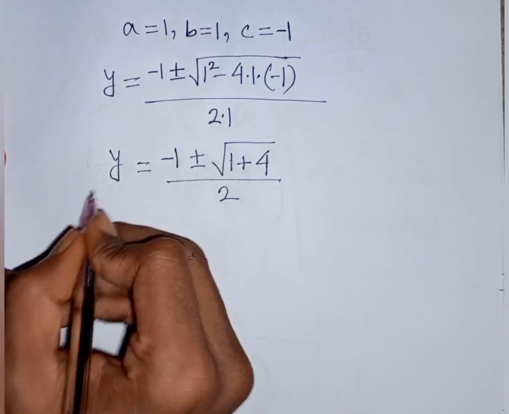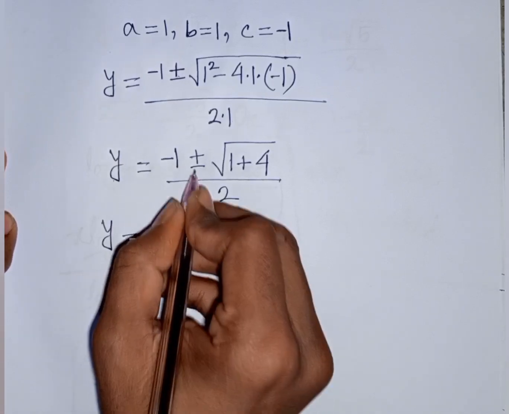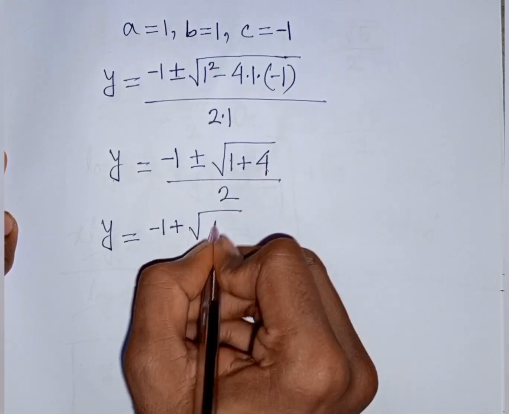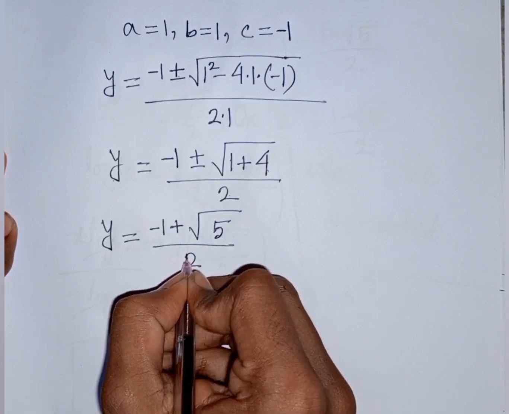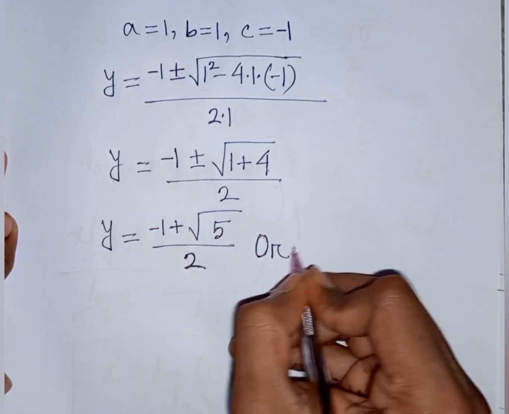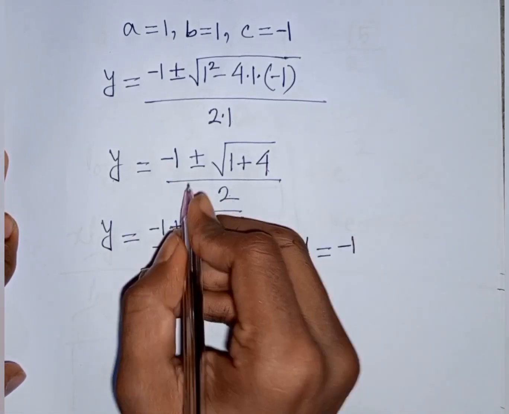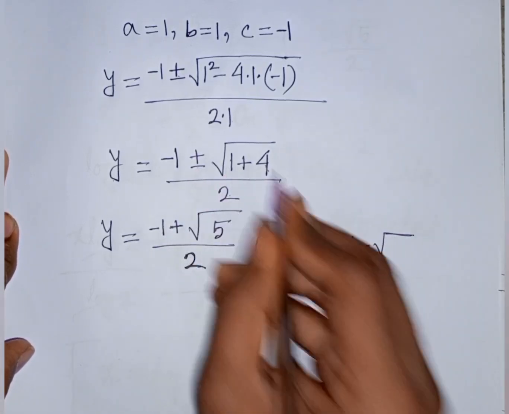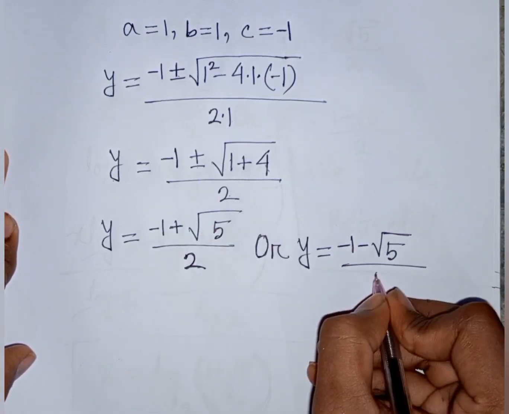Now we see two cases: y is equal to minus 1 plus square root of 1 plus 4, that means 5, divided by 2, or y is equal to minus 1 minus square root of 1 plus 4, that means 5, divided by 2.